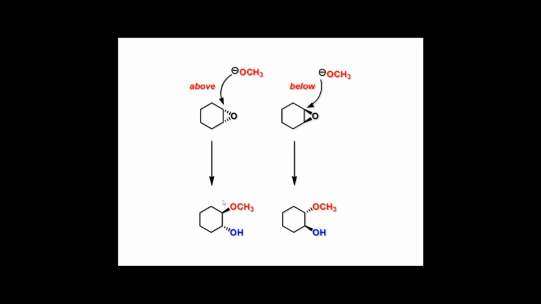It's going to react, and that'll give your methoxy up and your OH down. And then on the right-hand side, the methoxy is going to attack from below, from behind the computer screen, where the epoxide now is pointing towards you. It's going to attack and give you the methoxy back and the OH up, since we know this is an SN2 reaction.